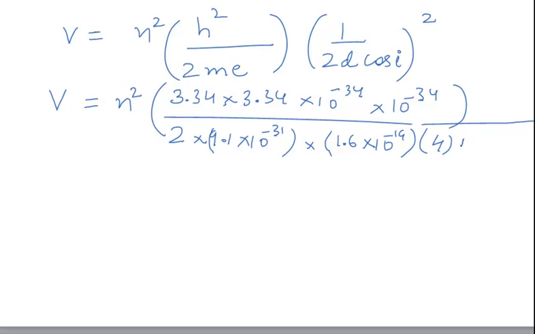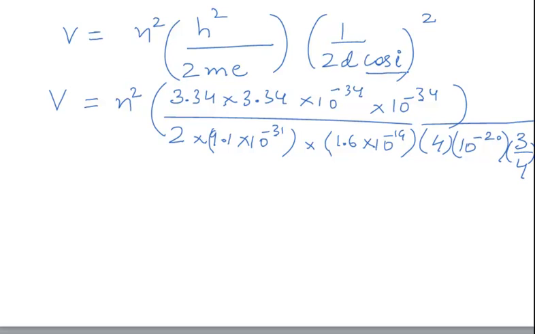D squared is, D is given as 1 angstrom, so if you square 1 angstrom it will be 10 to the power minus 20, and cos squared I is root 3 by 2 squared, so 3 by 4.